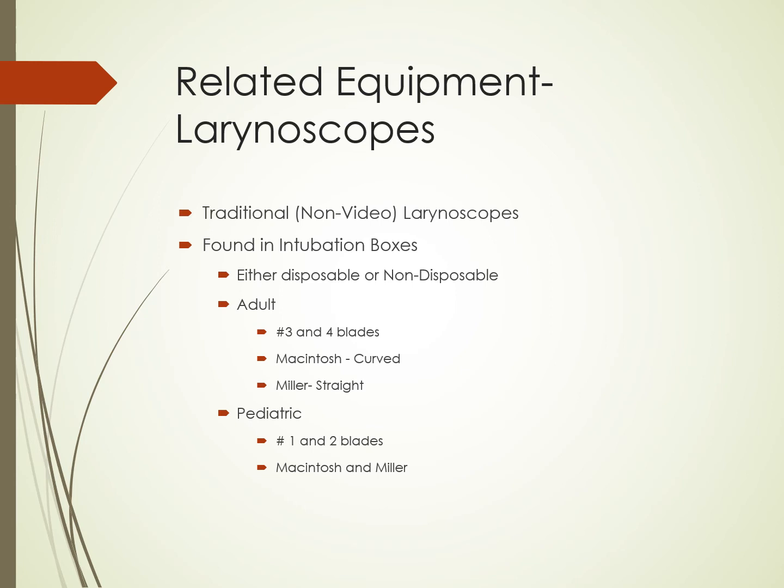But we always have a pediatric intubation box in our adult units, because sometimes you get a patient who's 25 or 35 years old, but they have some condition where they have failure to thrive, and they actually have the body habitus of, let's say, a 12-year-old, or their anatomy is just odd in some manner. So we always have at least one pediatric box in our adult unit. We do the same thing with our emergency room. We have adult boxes, but even in the adult side of the emergency room, we still have pediatric boxes.